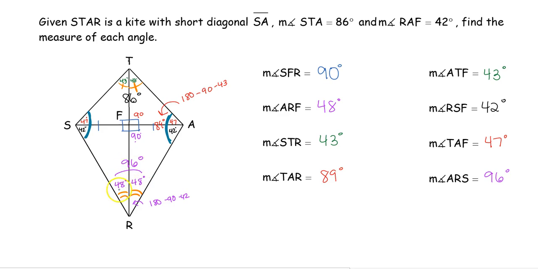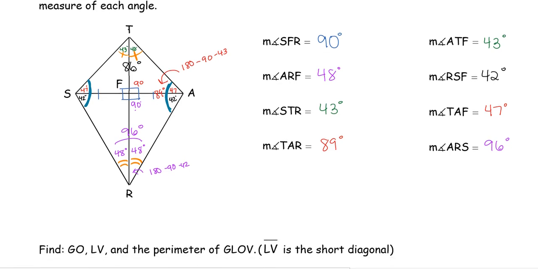Again, a couple times we had to add. So on the bottom, this big angle ARS, 48 and 48 gave us 96. We had to add over here, 47 and 42 was 89. But otherwise, check to make sure that you correctly listed the angles that we did. Don't forget the middle letter is the vertex angle of the one that you are looking for.